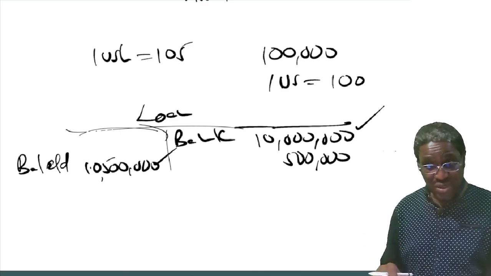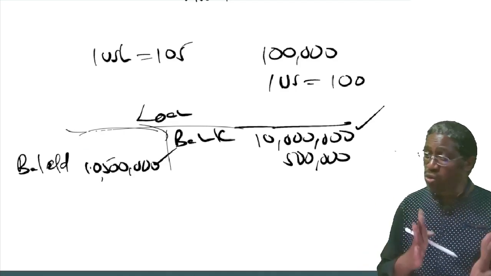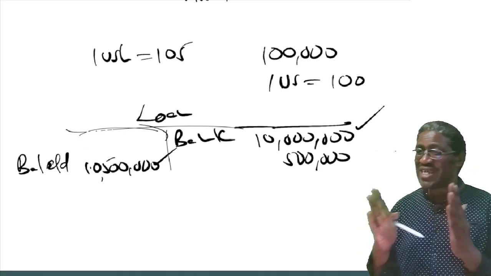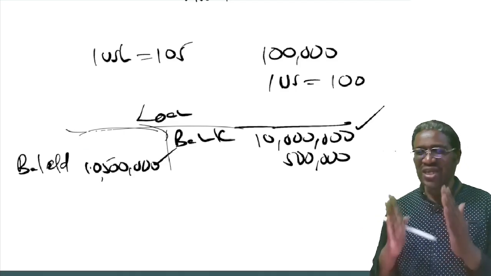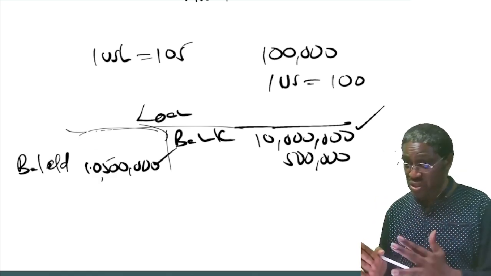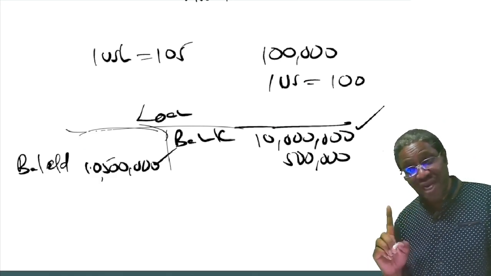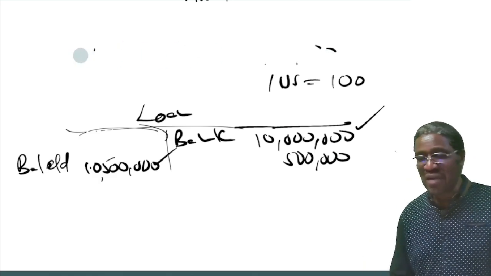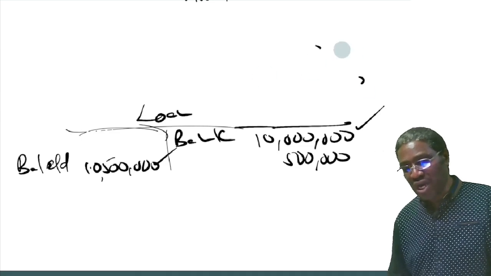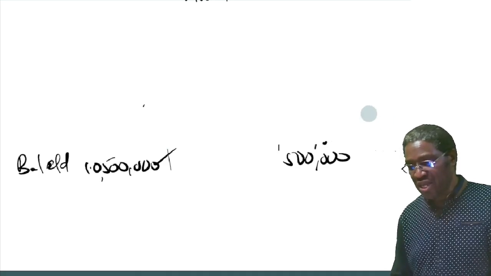I'm only giving you an illustration to show that sometimes you may be gaining or losing whenever you have transacted in a foreign currency transaction. I'm not saying you take this 500,000 to the P&L account. I'm saying there are some exchange differences where the rule says take it to the P&L account, and there are other exchange differences whose rules require you not to take it to the P&L account.